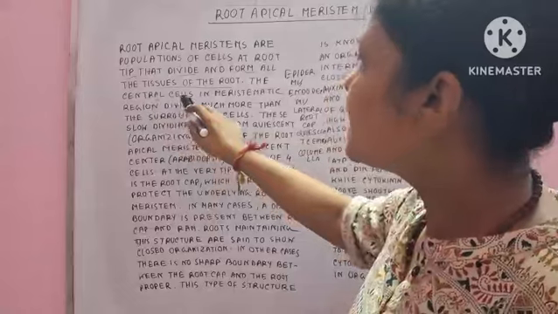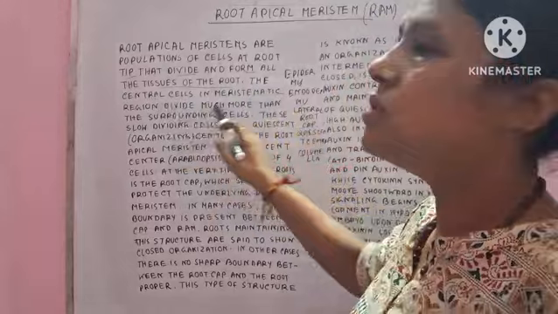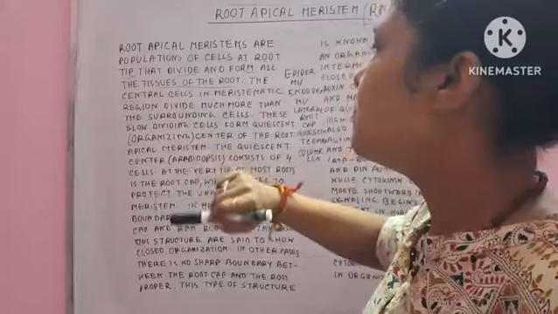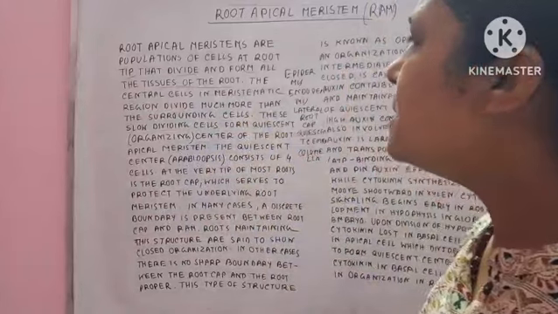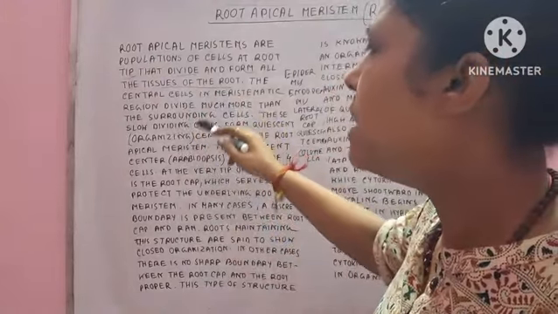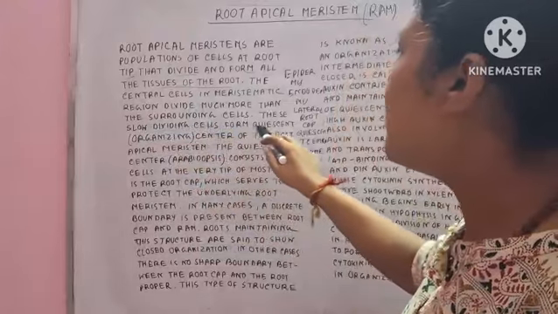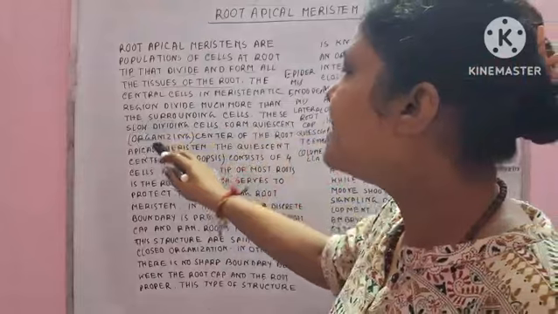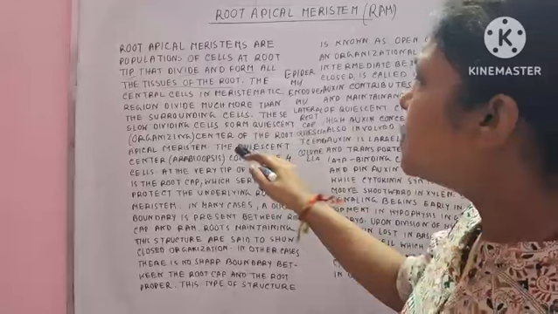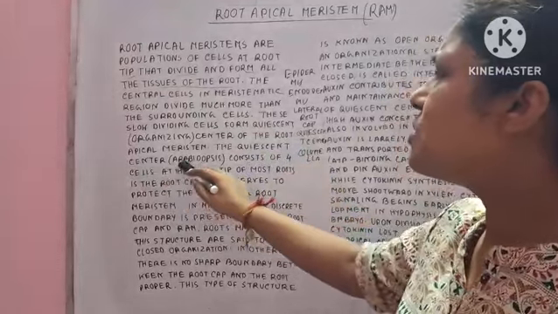The central cells in the meristematic region divide much more rapidly than the surrounding cells, which divide slowly. Clear? These slow dividing cells form the quiescent center. This is the organizing center of the RAM.